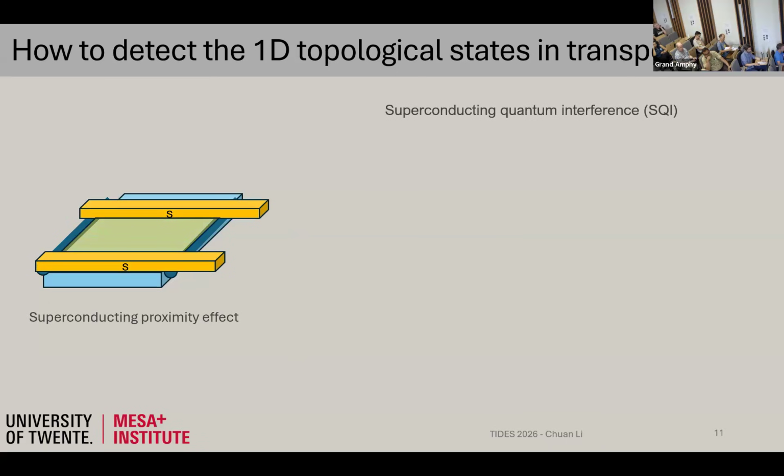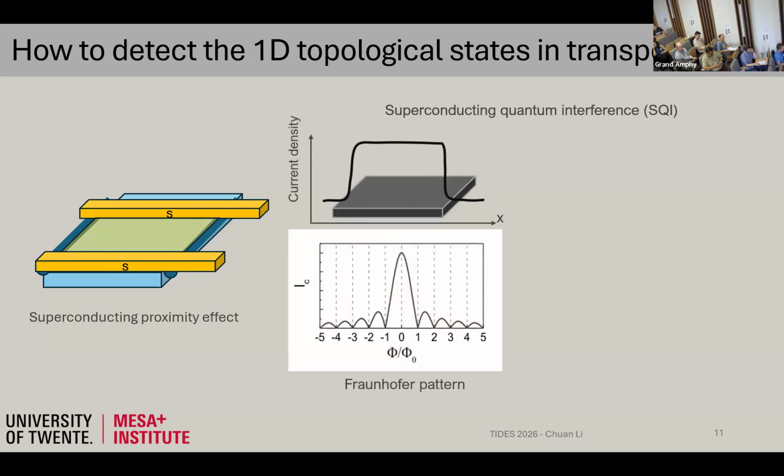especially maybe there are still some bulk carriers because of the doping or unavoidable defects. The easiest way for us to see is by looking at the profile of the current distribution when you have Josephson effects, and to measure that is to actually detect the field dependence of your critical current.